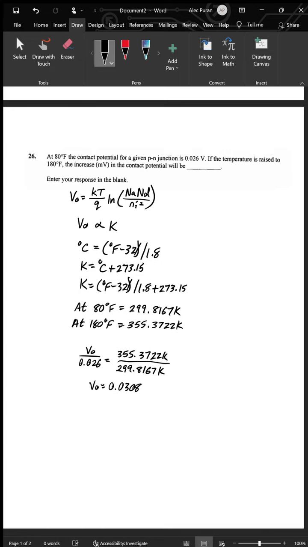So if we take the difference between 0.0308 volts minus 0.026 volts, we get the increase as 0.0048 volts. Converting that to millivolts, that would be 4.8 millivolts increase.